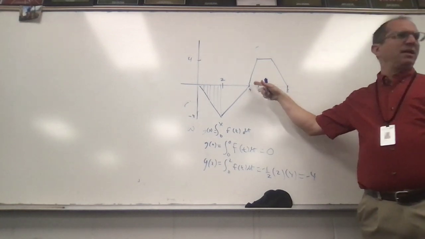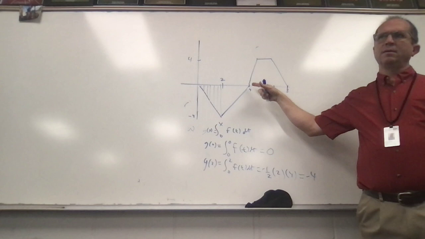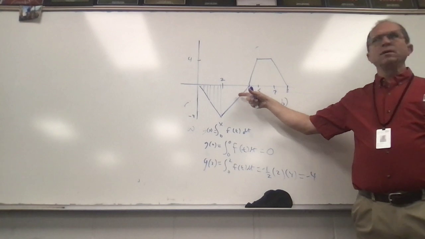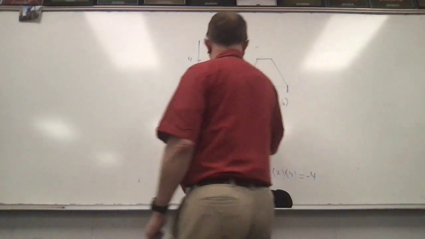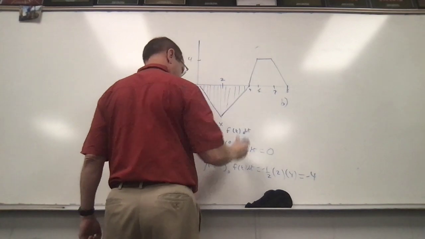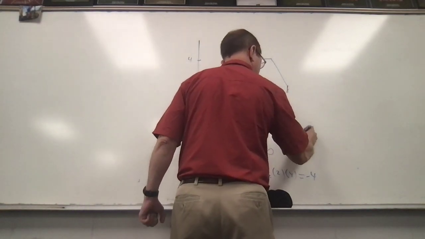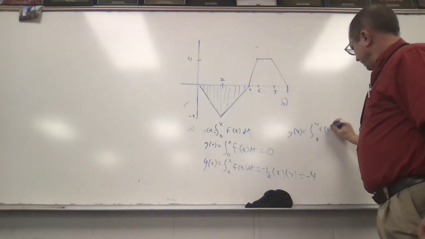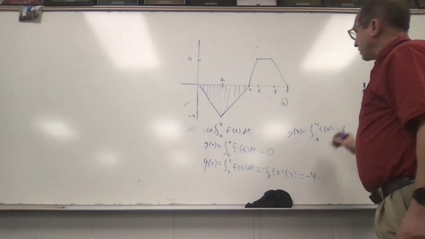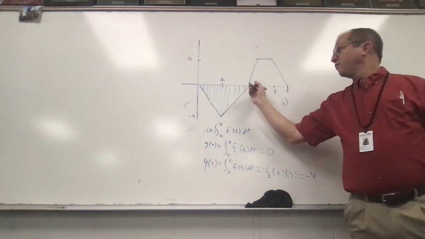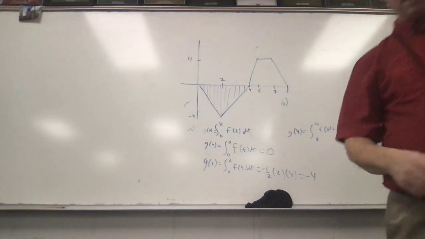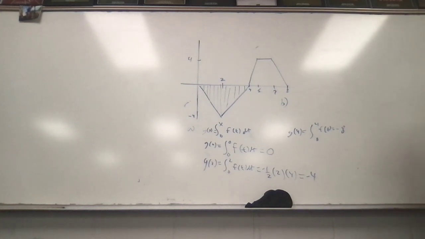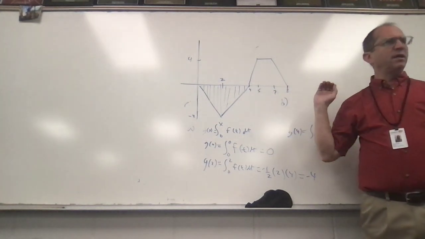But g is actually decreasing. Because this is still negative right in here. So actually when we get over here to g of 4, we see that our solution for g of 4 is 0 to 4 of f. We get -8. Because it's 4 times 4, half of that. So we get -8 there. So even though f increases from here, g doesn't.